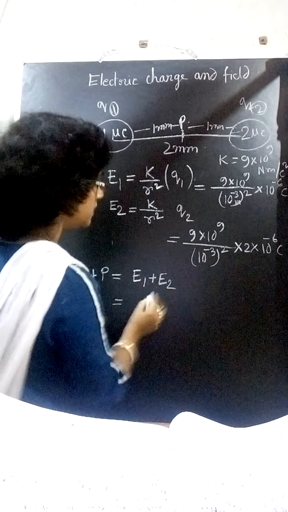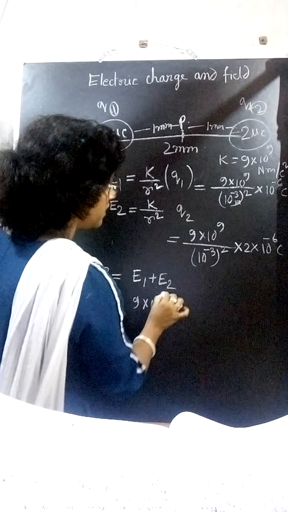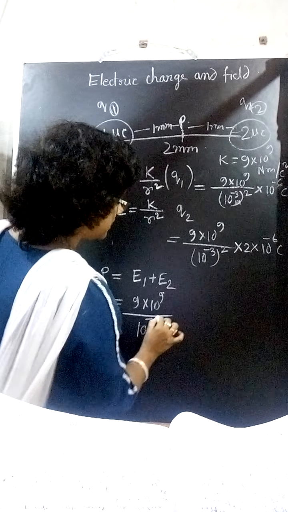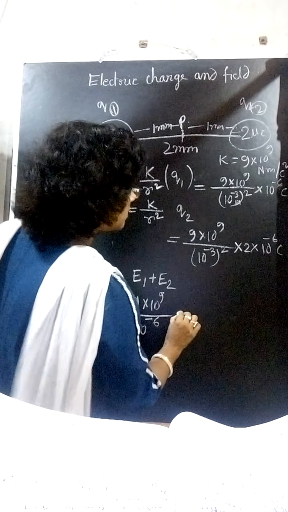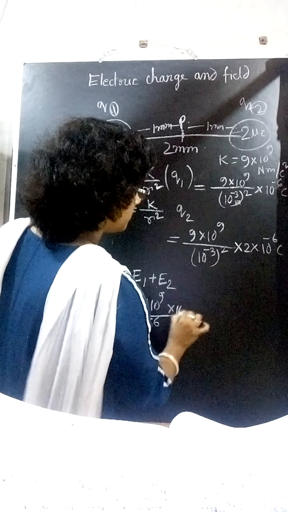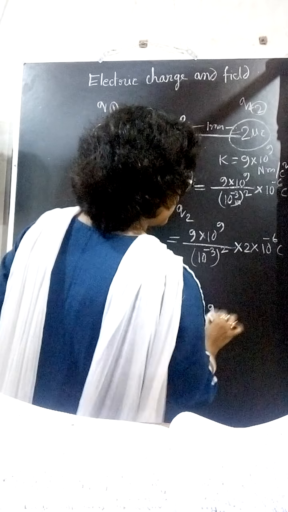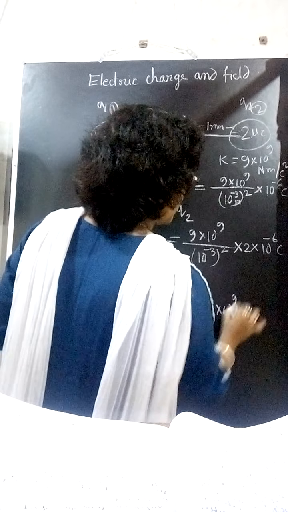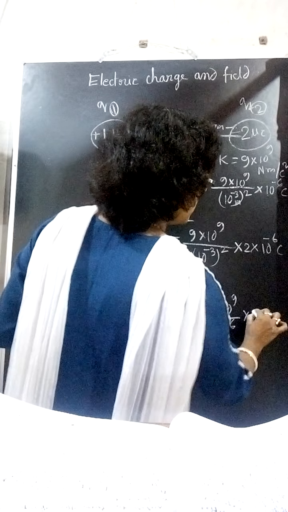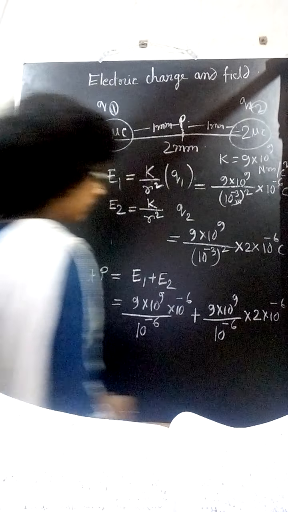So what will it be? 9 into 10 to the power 9 divided by 10 to the power minus 6, into 10 to the power minus 6, plus 9 into 10 to the power 9 divided by 10 to the power minus 6, into 2 into 10 to the power minus 6.